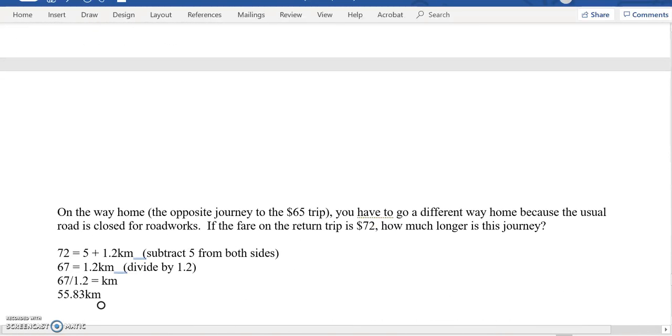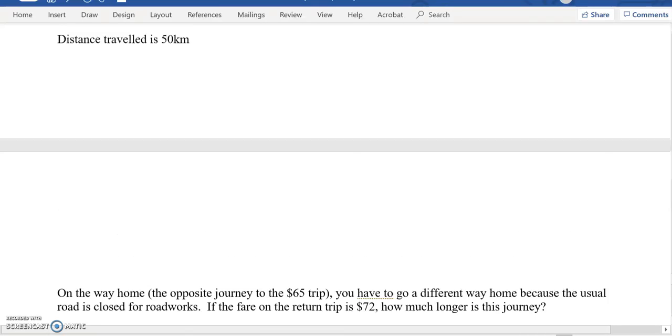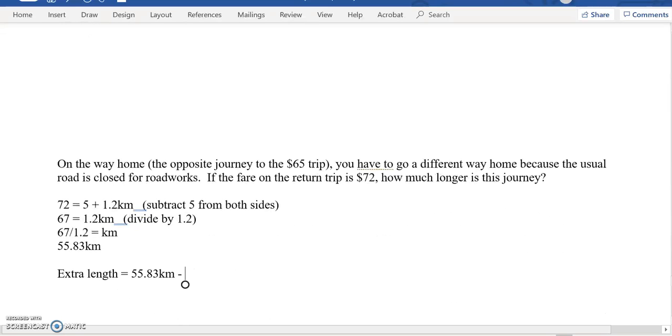Now the question didn't ask us for the distance, it said how much longer is the journey. So therefore the extra length of the journey is going to equal 55.83 minus the 50 kilometres. And so it's going to be an extra 5.83 kilometres.